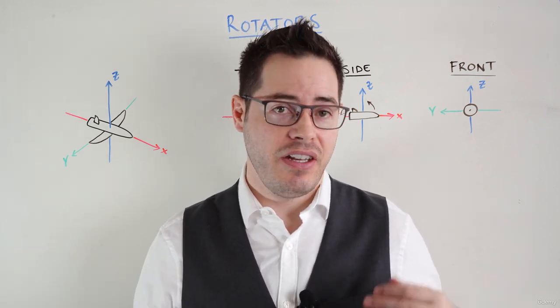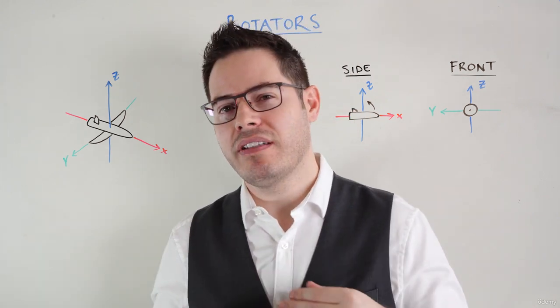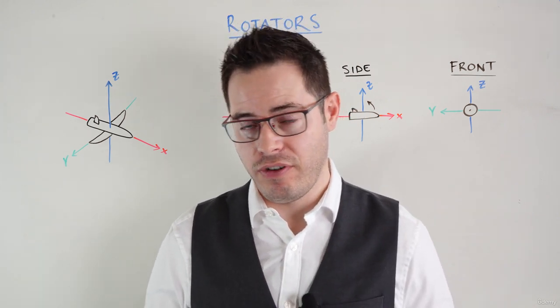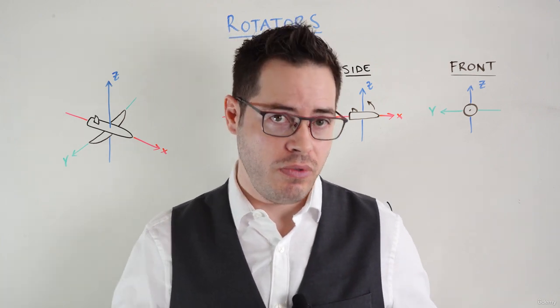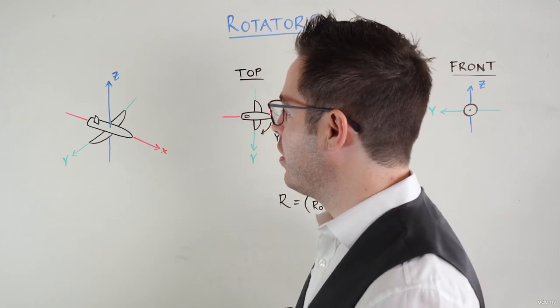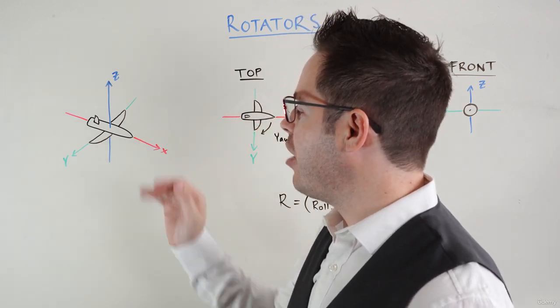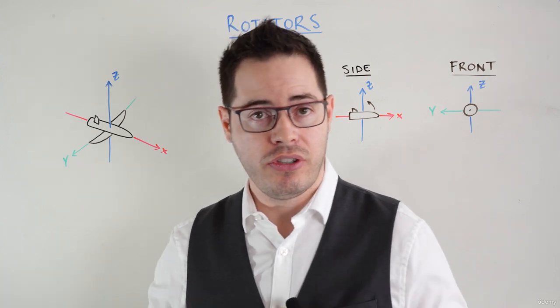Now, there exists another structure similar to the vector that is more designed to contain rotational information, and those we call rotators. To explain the rotator, let's first talk about an airplane. I have an airplane drawn here, and the airplane has its own local directions.